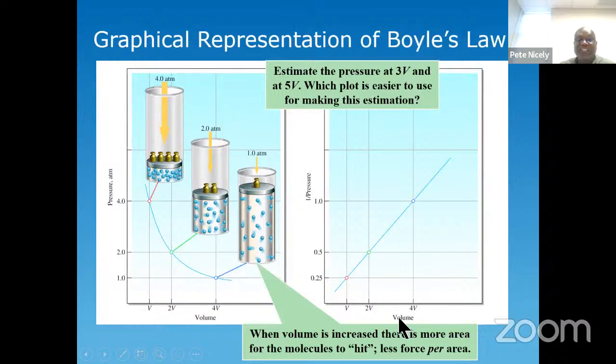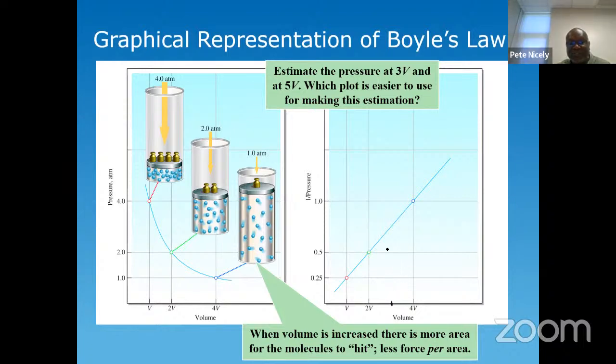Well, generally speaking, when it comes to estimations of this type, it's easier to use a straight line relationship as opposed to the curve. So in other words, if we were to estimate what the pressure would be at 3V, it would be about here.